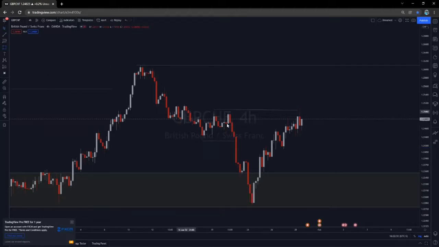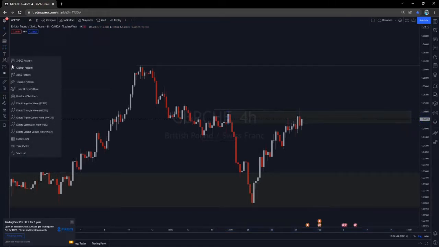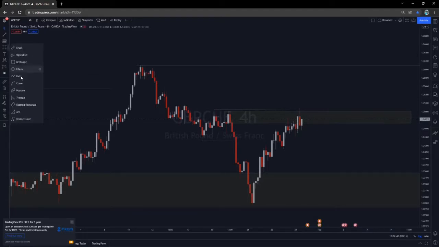So I'll use this as a breaker block, right? So what I'm essentially saying is that I expect the market to break through this area during the week, but we have to wait for the market to actually break through it. And then I'm going to wait for a breakout from that area, and then I'm going to take profits at that next area of supply.